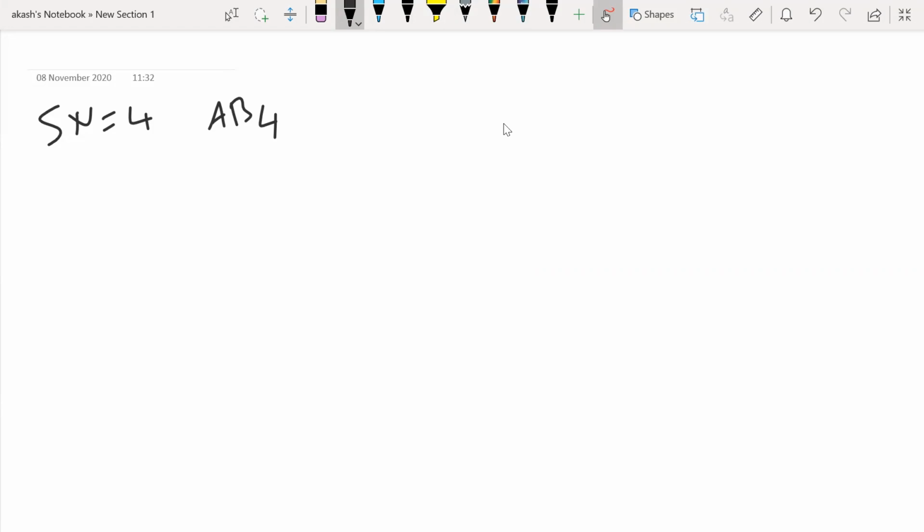Okay, so how do you write the shape? Let me tell you that. So I have A. So you are going to have 2 bonding atoms in the same plane, right? And there are going to be 2 other bonding atoms. One is going to come out of the plane and the other one is going to go inside the plane. So for that, we'll be using wedge and dash structures, right? If I put a dash, it represents that the bond is going inside the plane, inside the board of the screen.